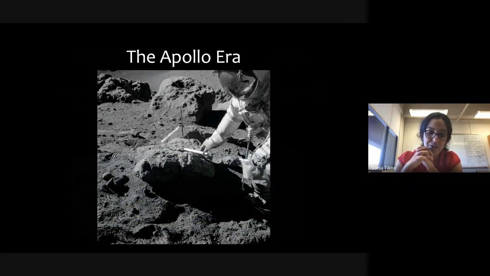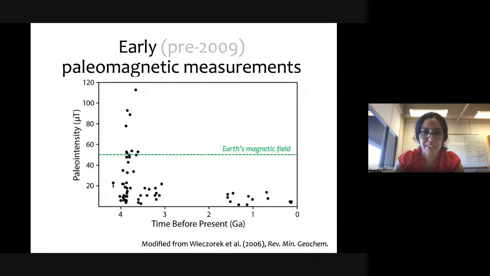Then our understanding of lunar magnetism advanced because the astronauts were able to collect samples on the lunar surface and bring them back to Earth, where they were studied in paleomagnetism laboratories. And so during the Apollo era, there were a suite of paleomagnetic measurements that were done on dozens of Apollo samples.